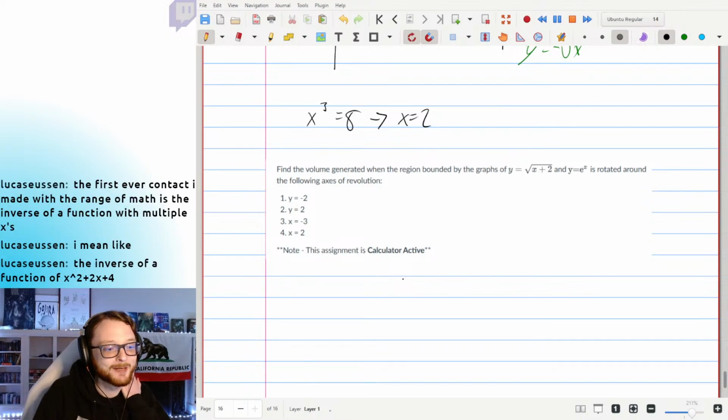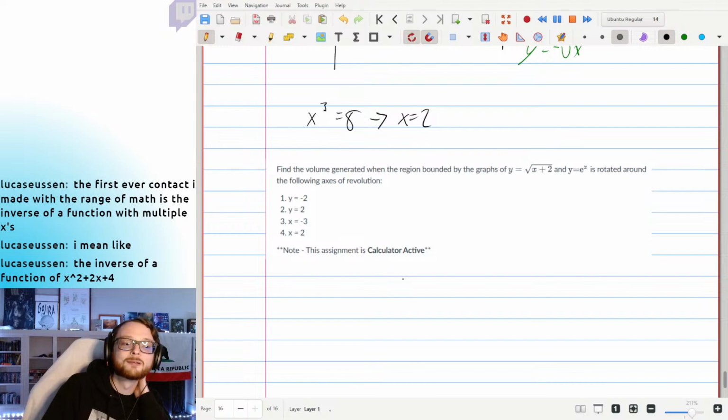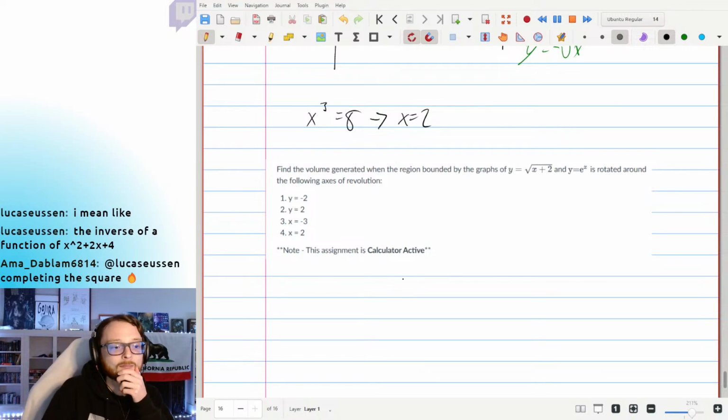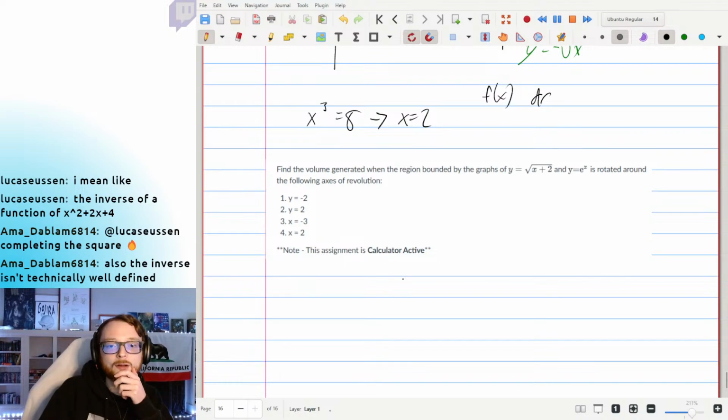Yeah, it's a weird function to find an inverse for. I think you do that by completing the square. Oh no, it's not a perfect square. But yeah, if a function has a domain and a range, the inverse has them switched.